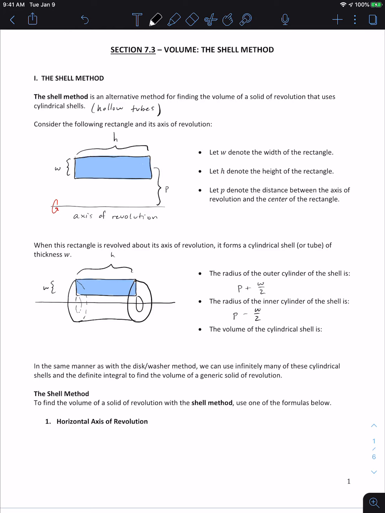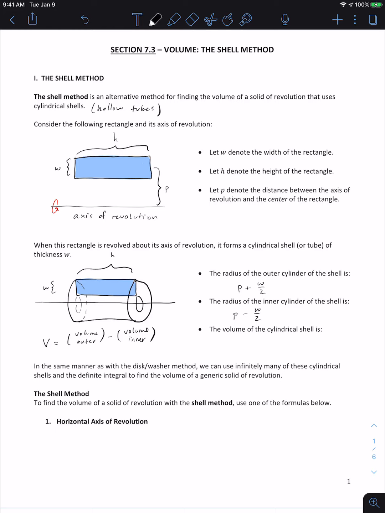If I want to find the volume, I'm going to do my side work here. For the volume of the hollow tube, the shell, I need the volume of the outer, the full thick tube with nothing missing, minus the volume of the little hole in the middle, the inner cylinder.